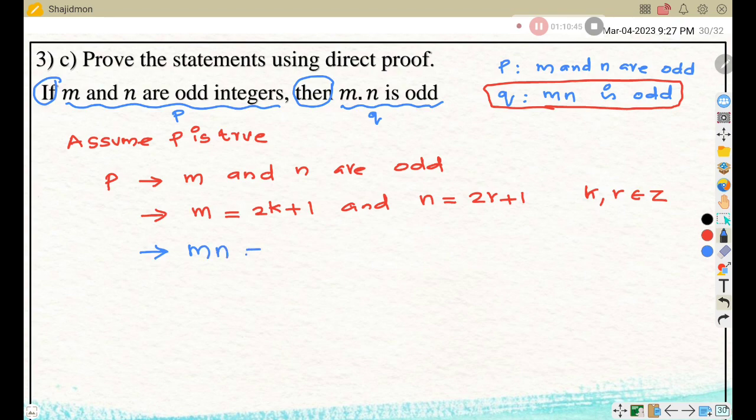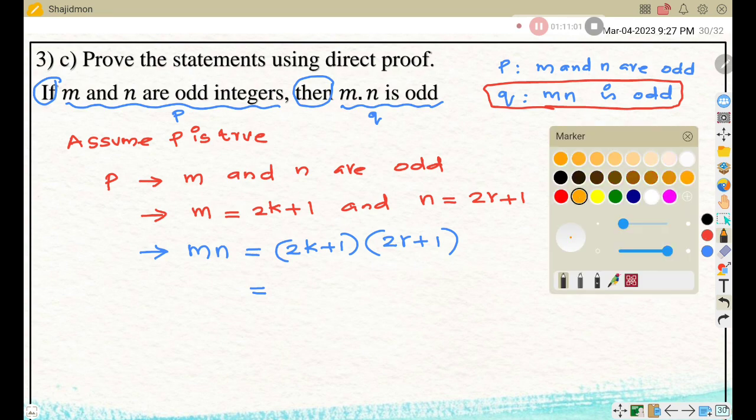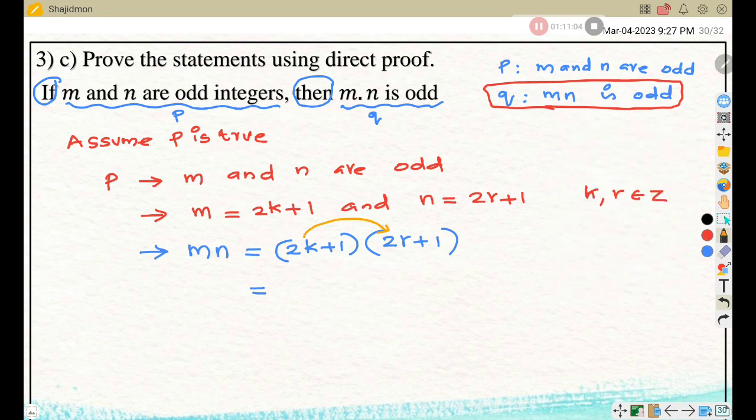m multiply n equals, what is m actually? (2k plus 1) multiply, what is n? (2r plus 1), correct? You know how to expand this bracket, correct? Expand the bracket. So you will get 2k multiply 2r, that is 4kr, plus 2k multiply 1, that is 2k, plus 1 multiply 2r, that is 2r, plus 1 multiply 1, that is 1, correct?